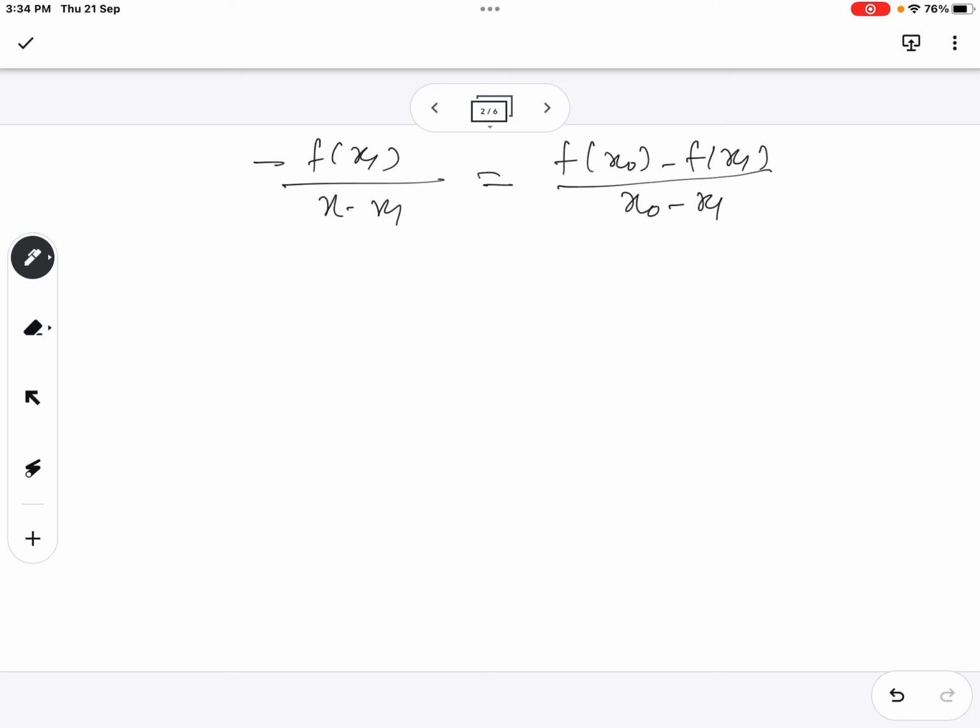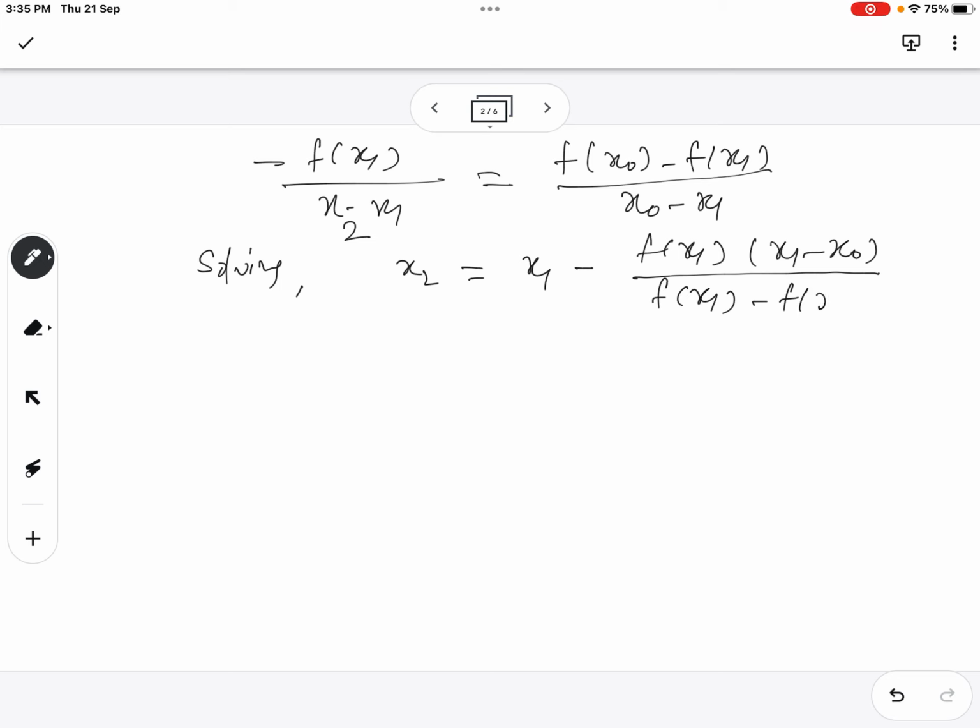And from this, if we solve, then we get x2 is equal to x1 minus f(x1) times (x1 minus x0) divided by (f(x1) minus f(x0)). The procedure is repeated till we find the root.